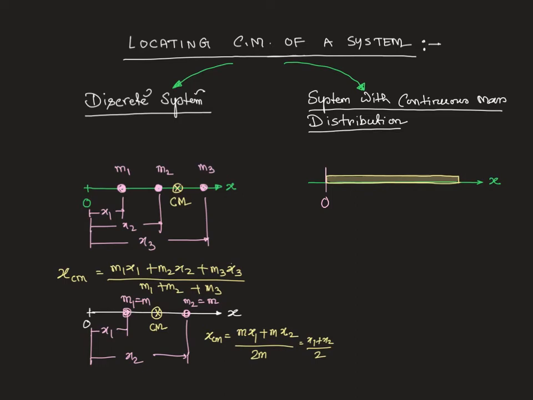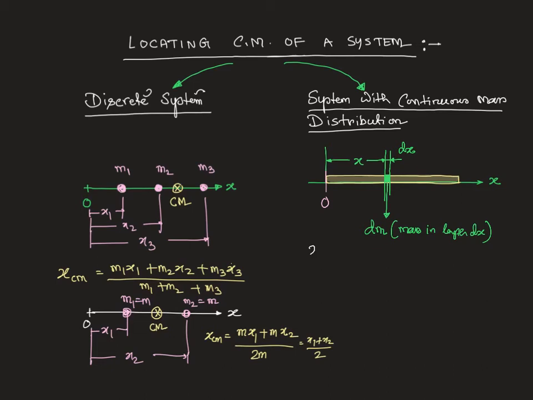So here, at a certain coordinate x, you have to consider an elementary, infinitesimally small length dx, and the mass here is dm. So dm is the mass in length dx, or infinitesimally small mass.